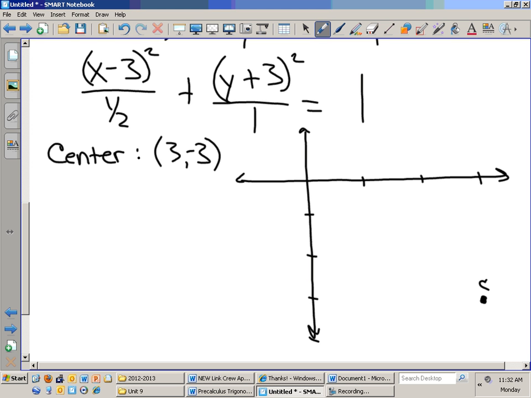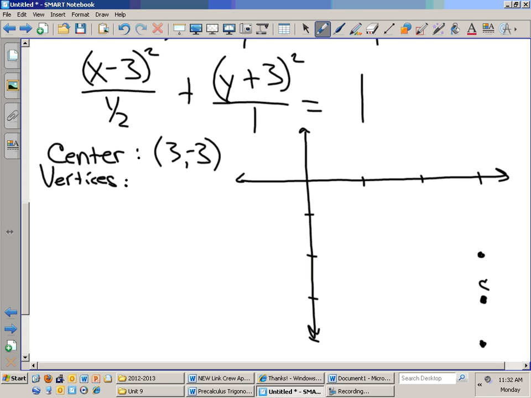Looks like I need vertices. Is this stretched vertically or horizontally? Vertically, because 1 is bigger than 1/2. 1 sits under the y, so it's stretched vertically. How many units? Square root of 1 is? So 1 unit vertically. So I'm going to have a vertex there and a vertex there.